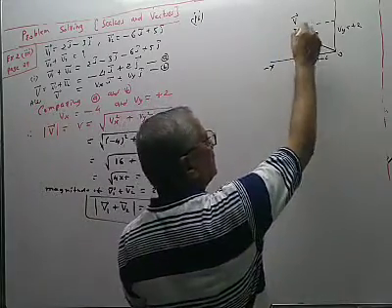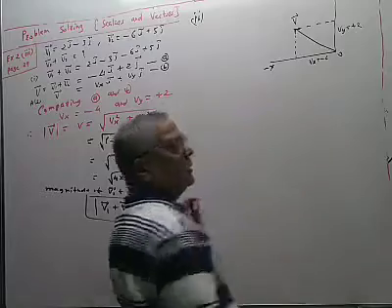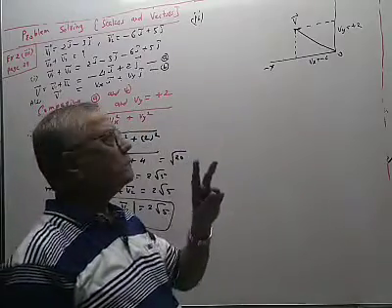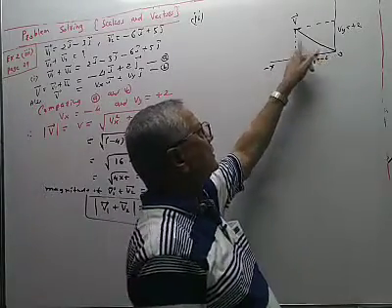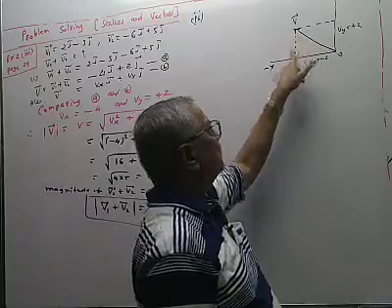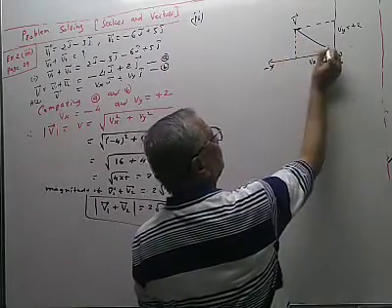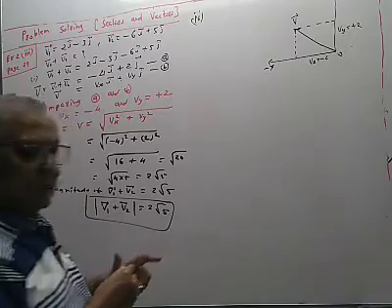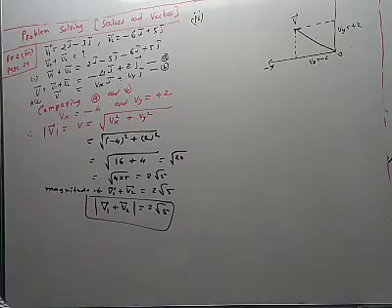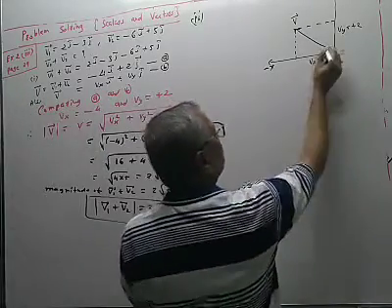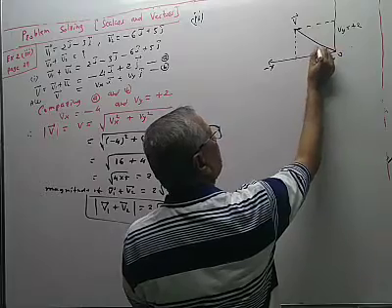Now, this vector has direction. The direction can be given by two methods. If we consider the angle made by the vector with the x-axis, so if we denote this angle by theta, then we have to find this theta. Generally, we consider the angle made with the x-axis. So this angle is theta.